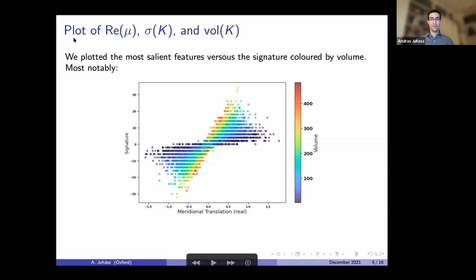This is on a large data set of hyperbolic knots. And there are various things you might conjecture. The crudest thing would be that there is some relationship between the sign of the real part of the meridional translation and the signature, which actually turned out to be false.